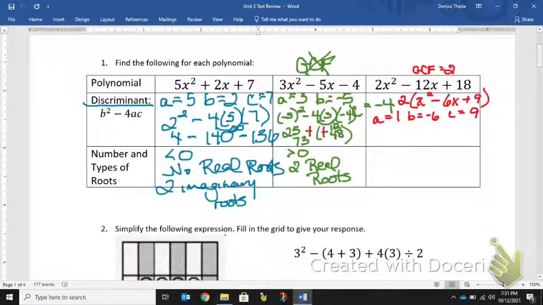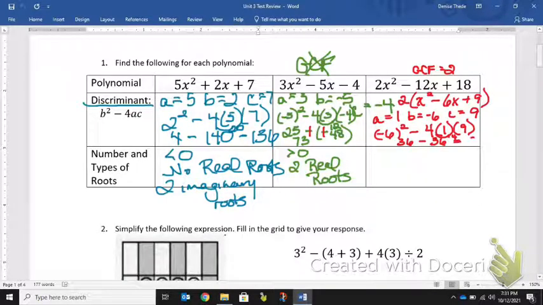So B squared is negative 6 squared minus 4 times A, which is 1, times C, which is 9. Negative 6 squared is 36 minus 4 times 1 is 4, and 4 times 9 is 36.